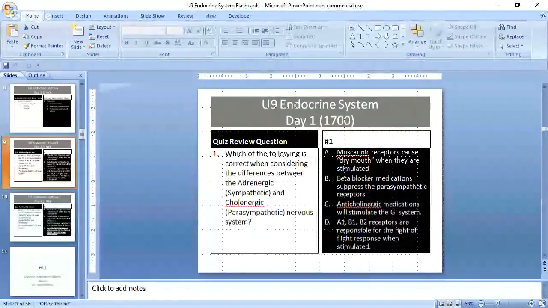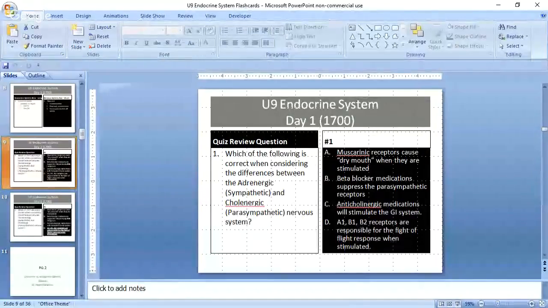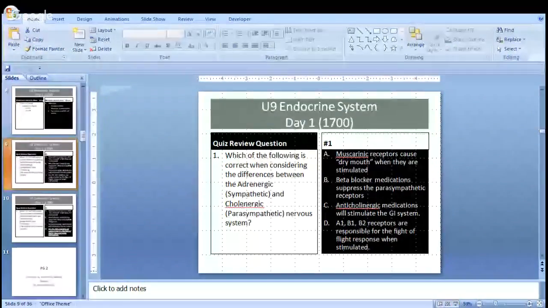Okay, moving right along. Let me make sure you guys can see the review questions. Another review question. It's one of yours. I'll read it just in case you can't see it. Review question number 1: Which of the following is correct when considering the differences between adrenergic or sympathetic and cholinergic parasympathetic nervous system?